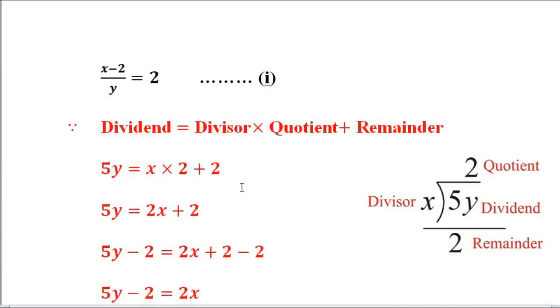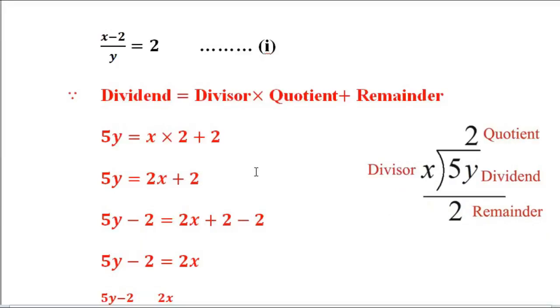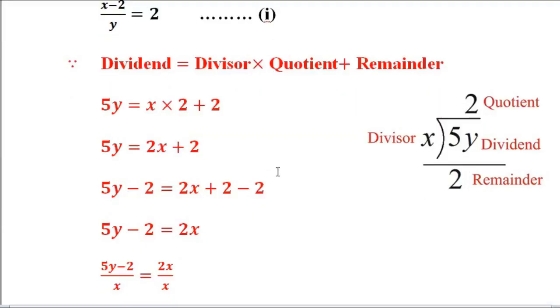Now, the second condition of the question states that if 5 times the smaller number is divided by the larger number, both the quotient and the remainder are also equal to 2. The smaller number, which we assumed as y, has 5 times its value as 5y.